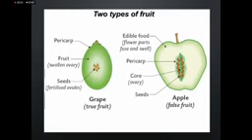Here are two types of fruits. The first one is true fruit and the second one is false fruit. In the first case, we can see the pericarp here. That means the swollen ovary is converted into the fruit, and inside the fruit there are seeds. While in the second case, apple, a false fruit, the edible portion is false.